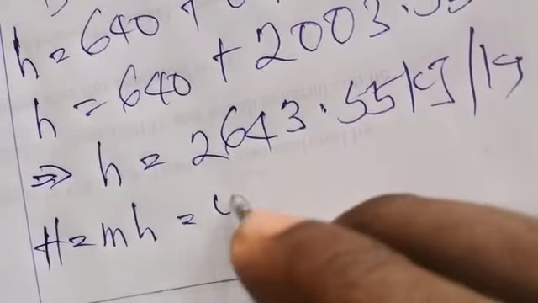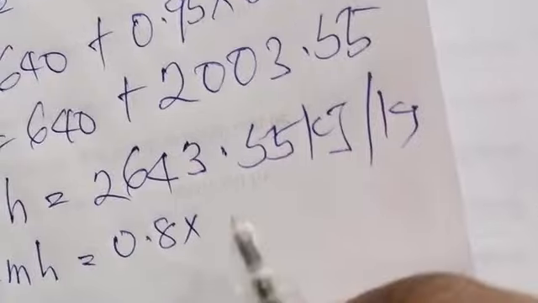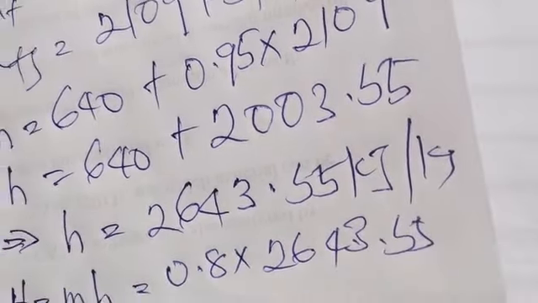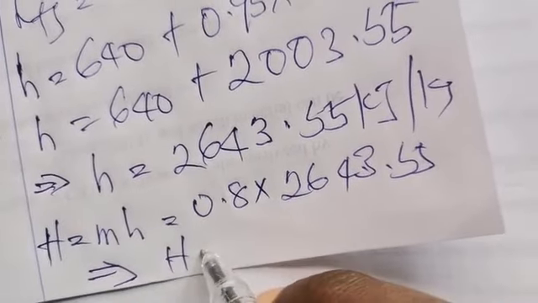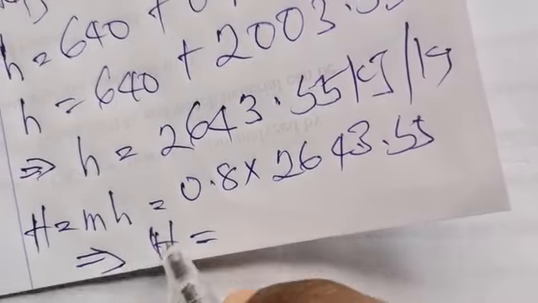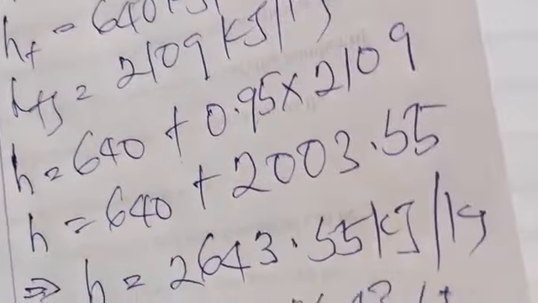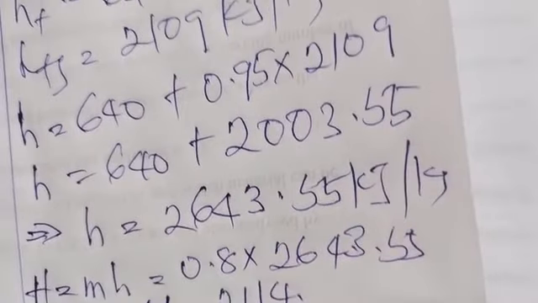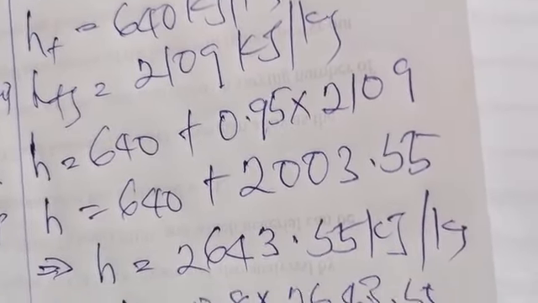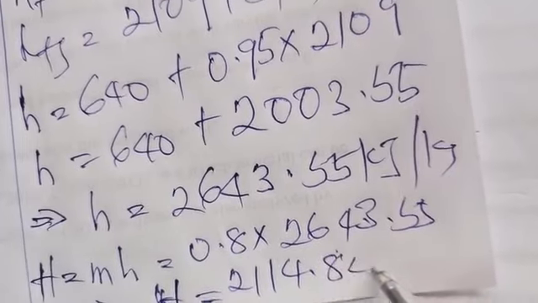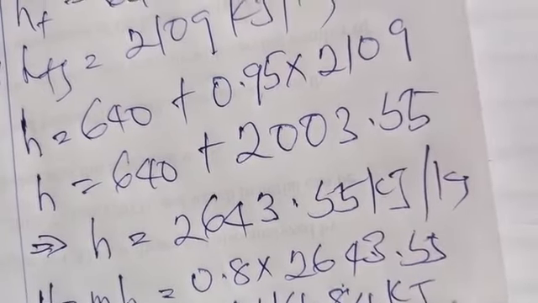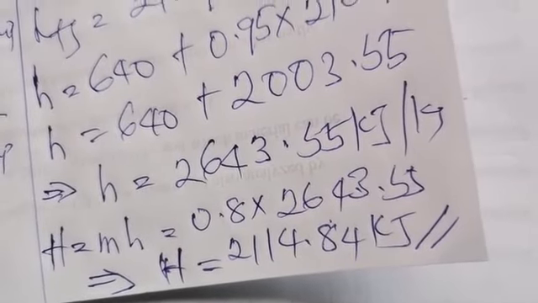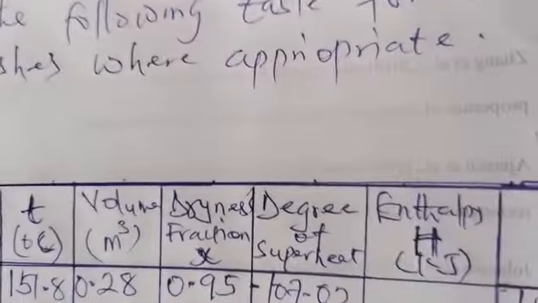So the mass is 0.8 multiplied by 2643.55. This simply means total enthalpy is now equal to 2114.84 kilojoules. Okay, let's put it up there.